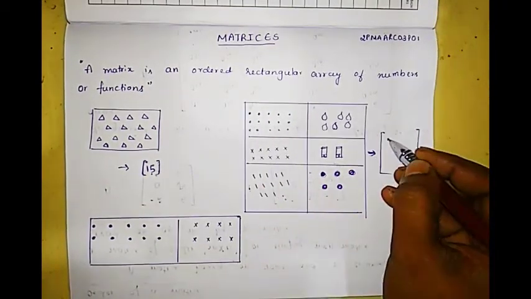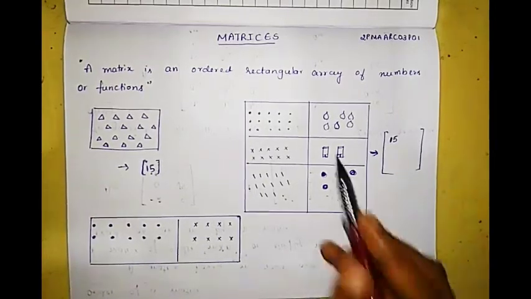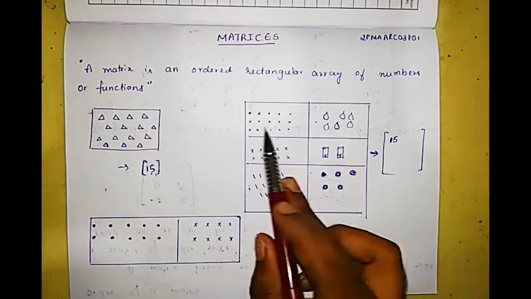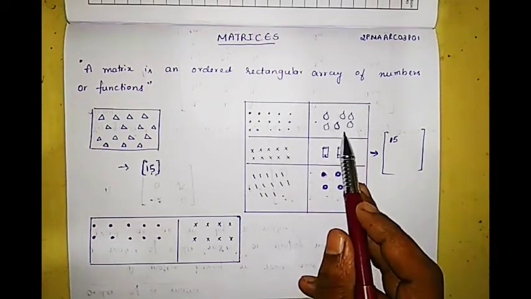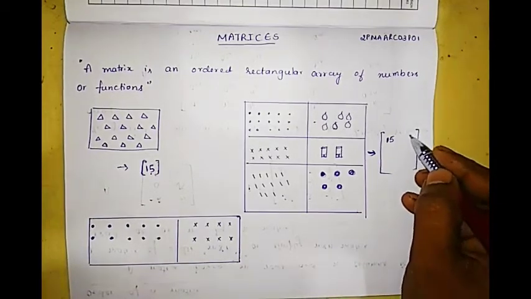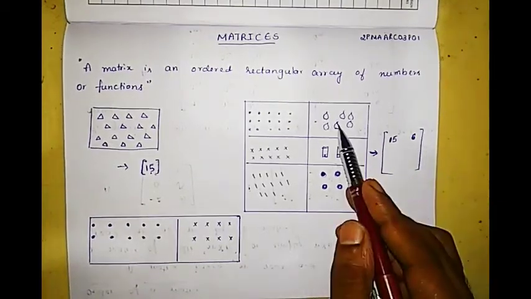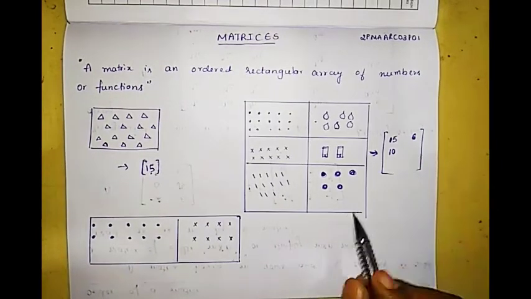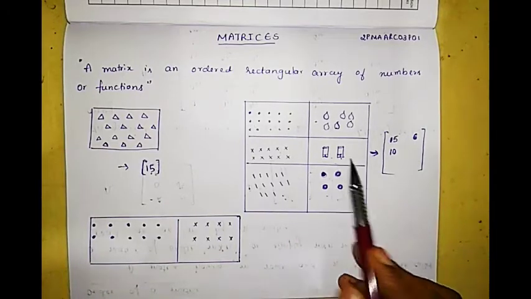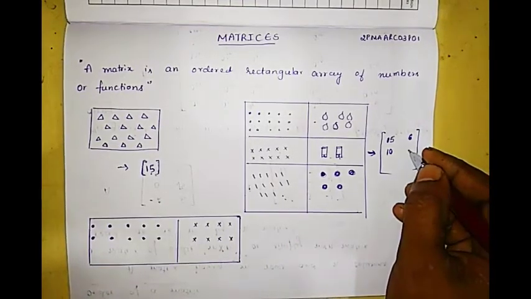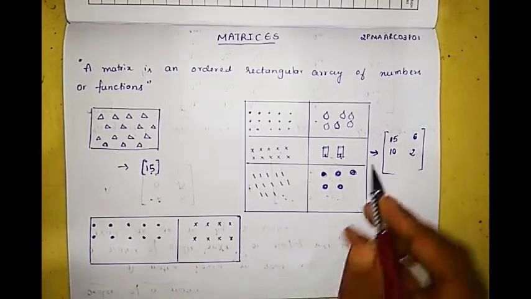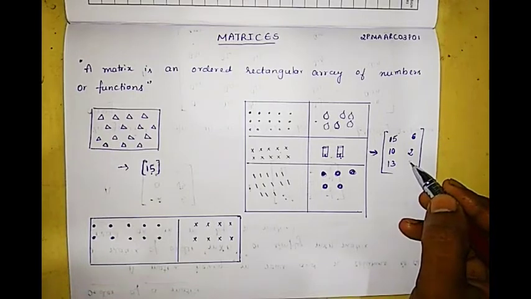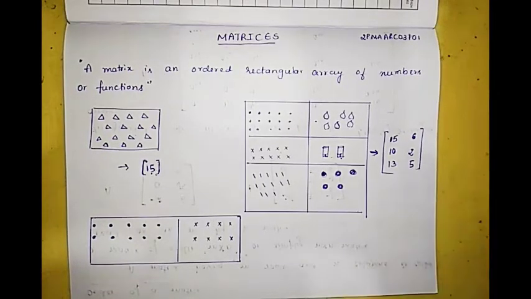Here there are 15 dots in the first horizontal line, and in the second vertical line there are 6 objects of the same kind. Here there are 10 cross marks, and here there are 2 objects, and here there are 13 objects, and here there are 5 objects.